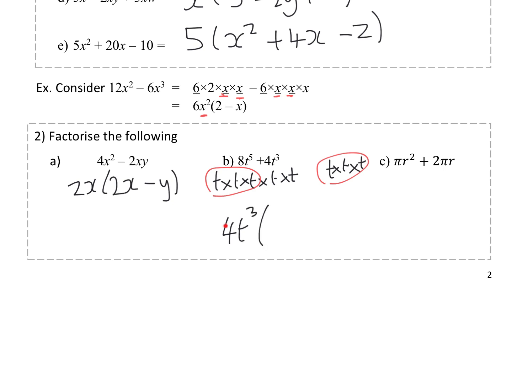And then we've got to get from 4t cubed to 8t to the 5. 4 to 8, we'd have to multiply by 2. T cubed to t to the power 5. If you notice from here, we need an extra t times t, or we need an extra t squared.